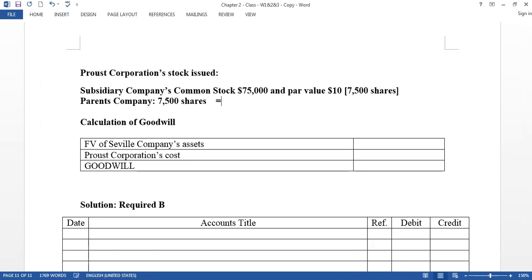But how many shares am I going to give to you? You give me 7,500 shares, because I am going to acquire your company. I am going to buy your company. So I am going to get 7,500 shares from you. But I am not going to give you any cash. I am going to give you my stock. How many stock will I give to you?